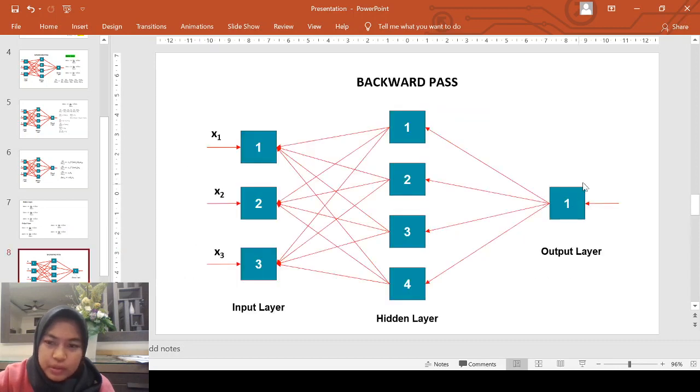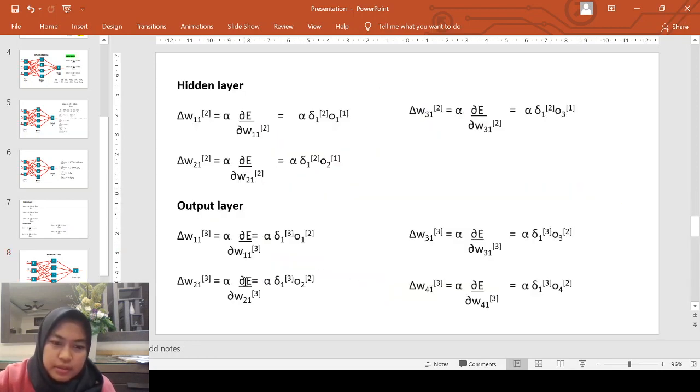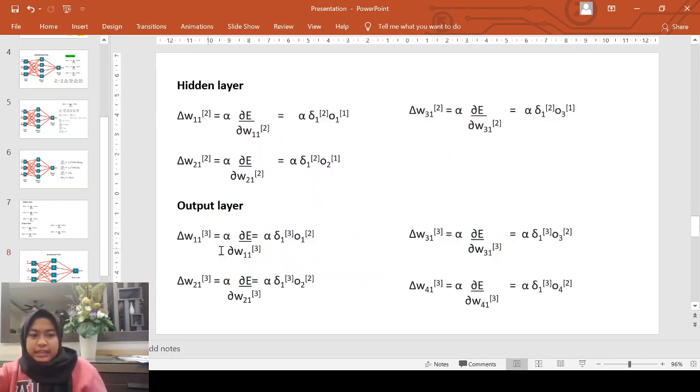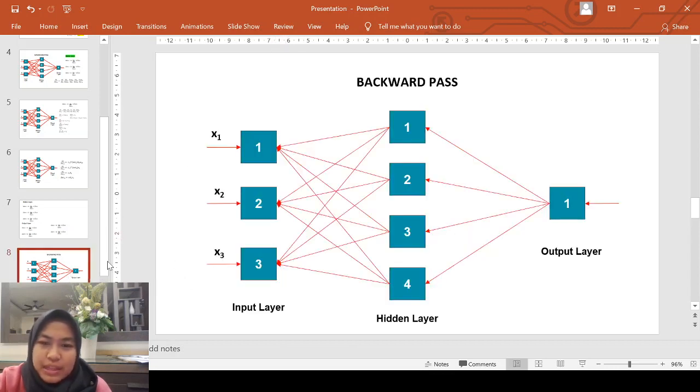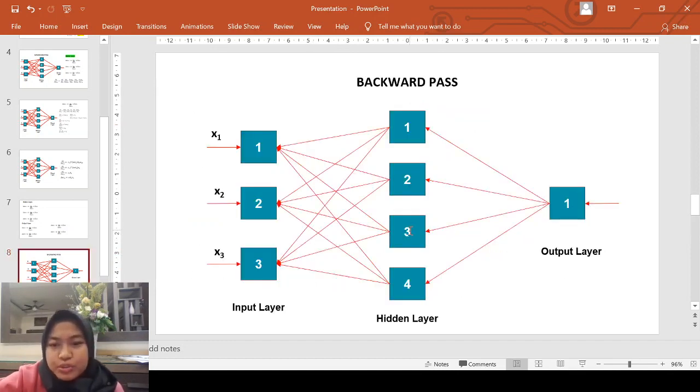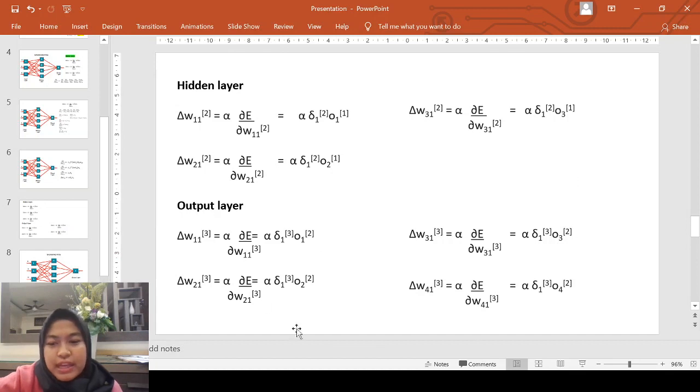So it is equal to alpha delta E over delta W11 of the third layer, is equal to alpha times delta 1 of the third layer times output 1 of the second layer. So we repeat that for 2, 3, and 4. And then we get all these equations.